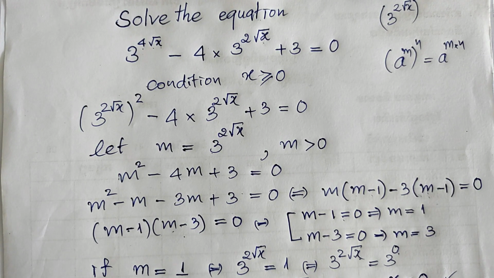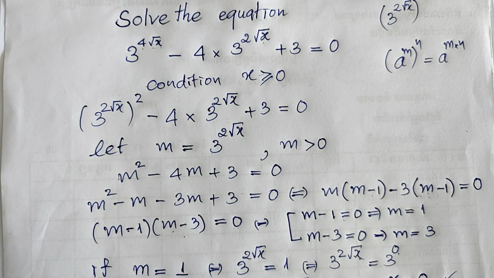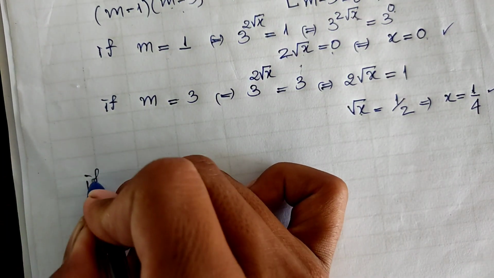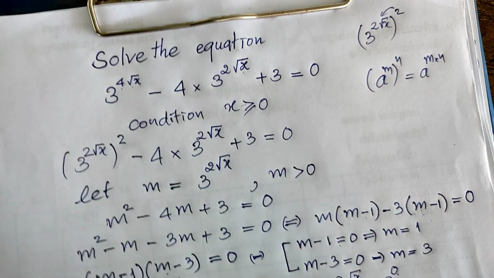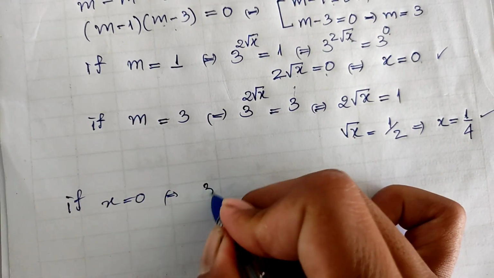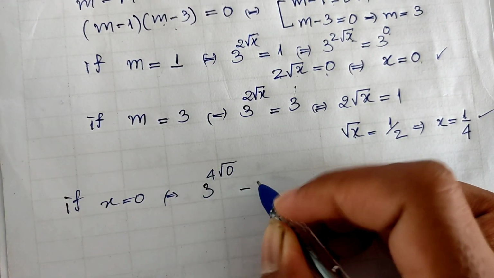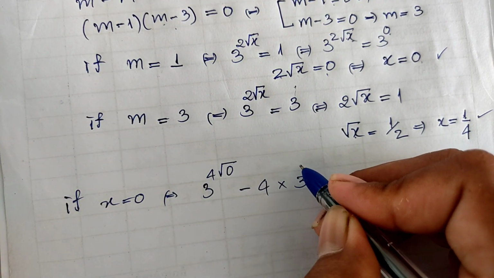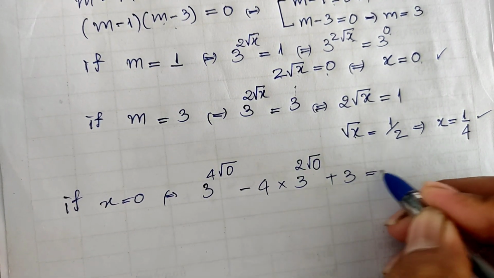So we can replace in our equation to verify our solution. If h equals 0, we get 3 power 4 square root 0, minus 4 multiply 3 power 2 square root 0, plus 3 equals 0.